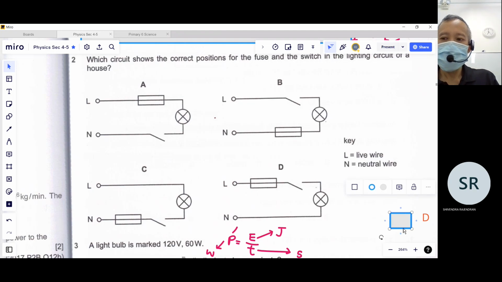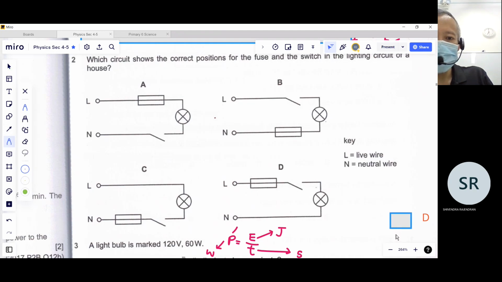And of course, I think I stressed just now, look at your line. Your fuse is here. Your switch is also in series. You notice this, both of these should be in series. Make sure you can recognize it.